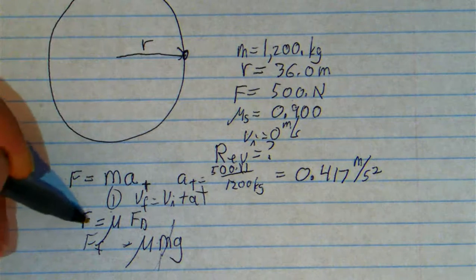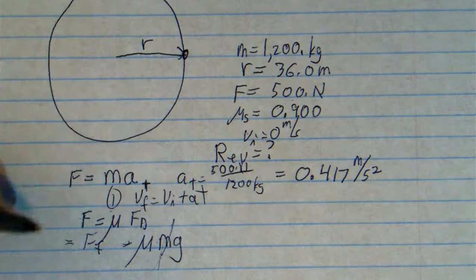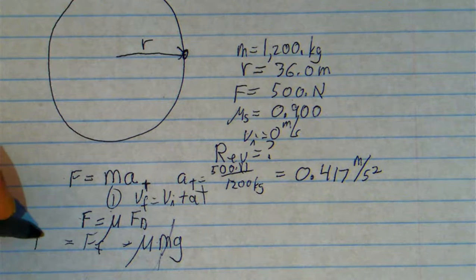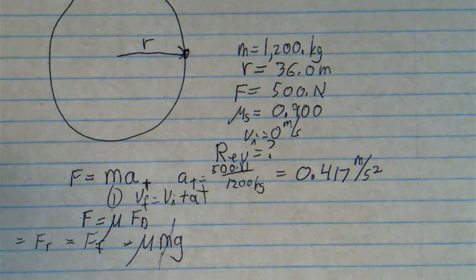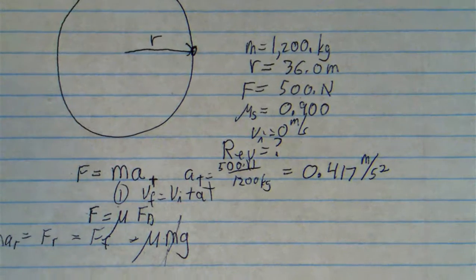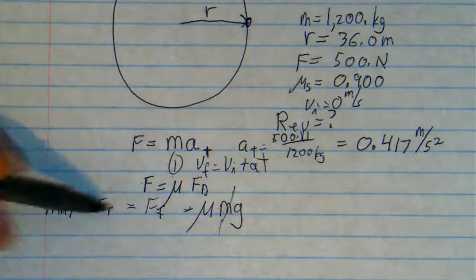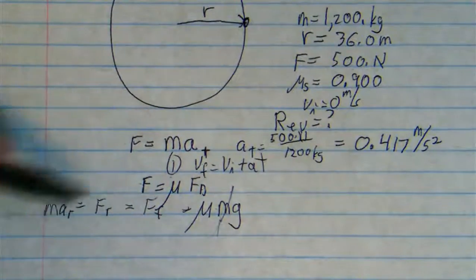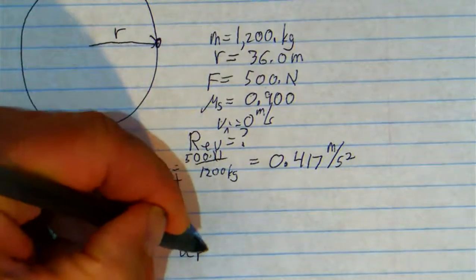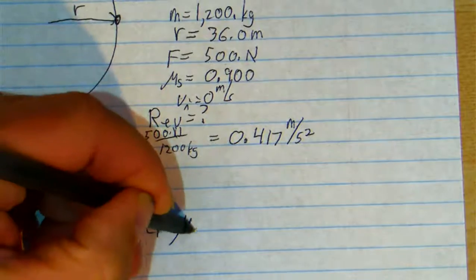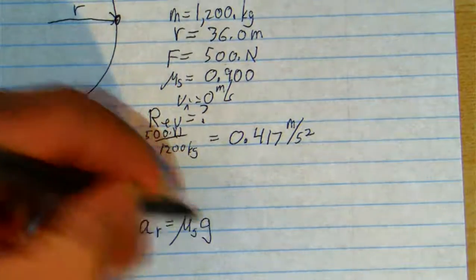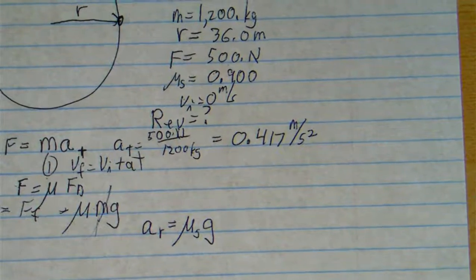Indeed, if I take the force and call this the radial force, and think of that as the mass times the radial acceleration, then I can cancel the mass over here and say, oh, the radial acceleration is limited to the coefficient of static friction times the acceleration due to gravity.